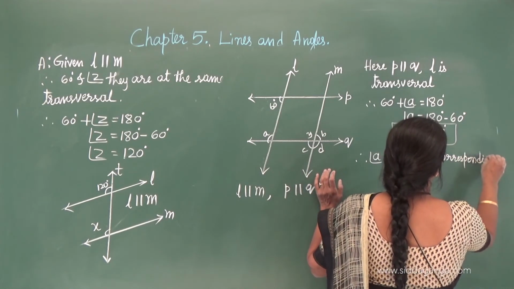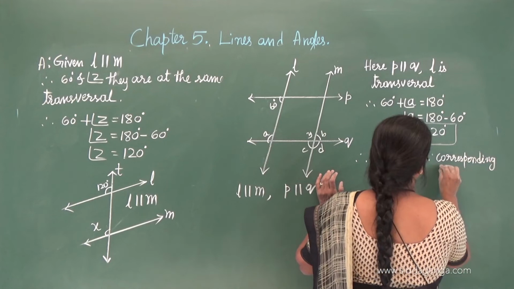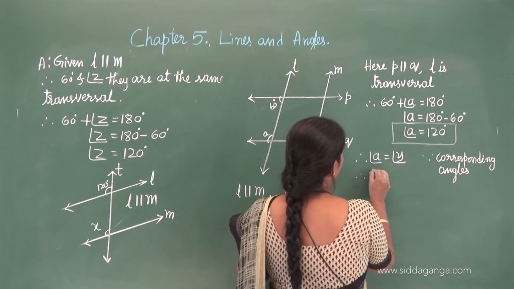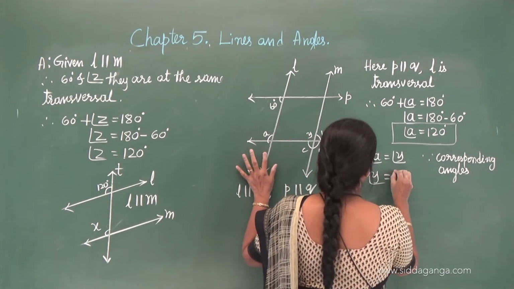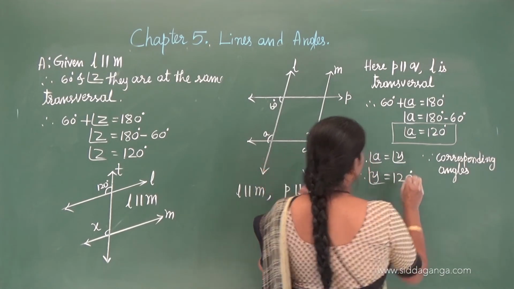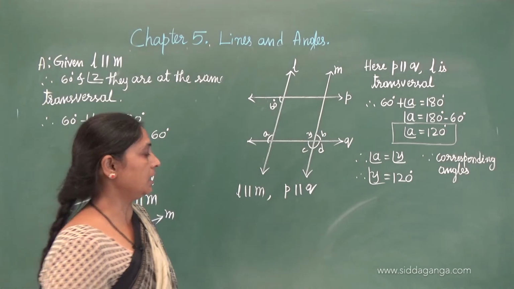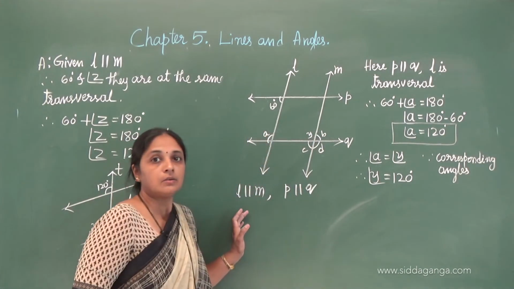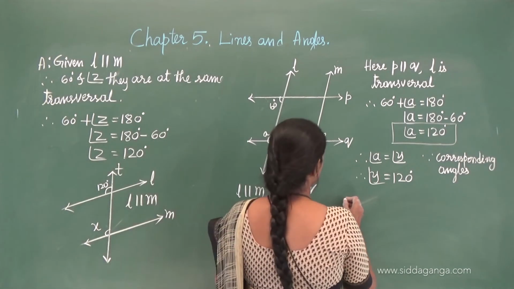Then we can write that therefore angle Y is equal to 120 degree. Y and D are vertically opposite angles.